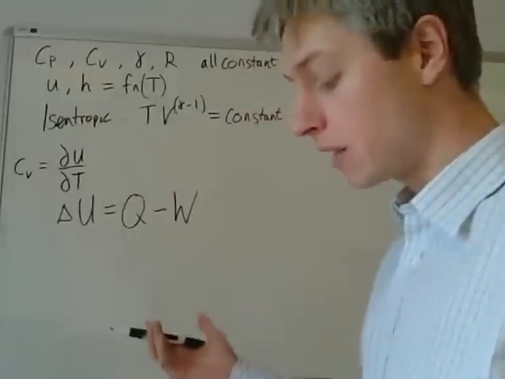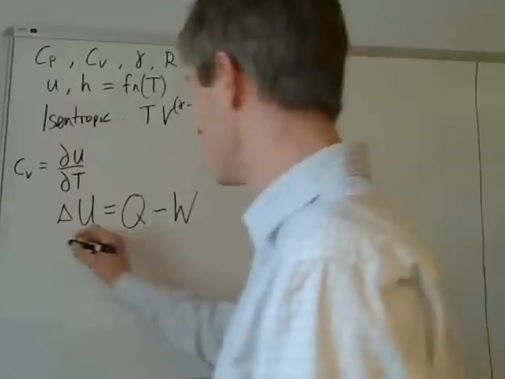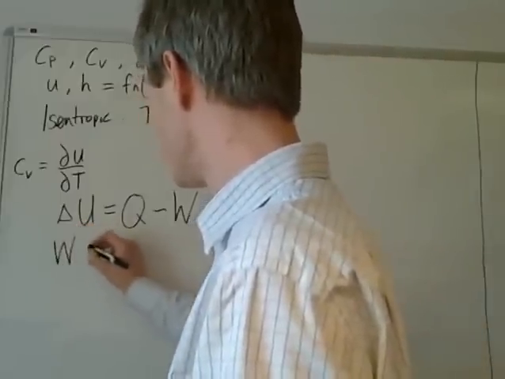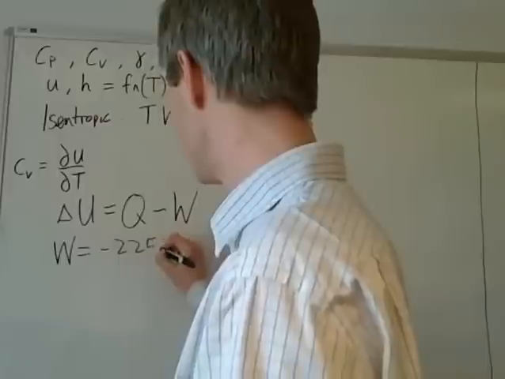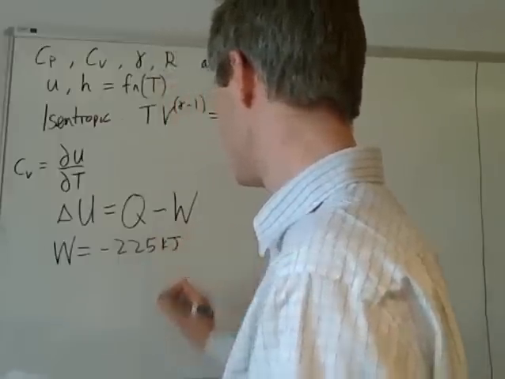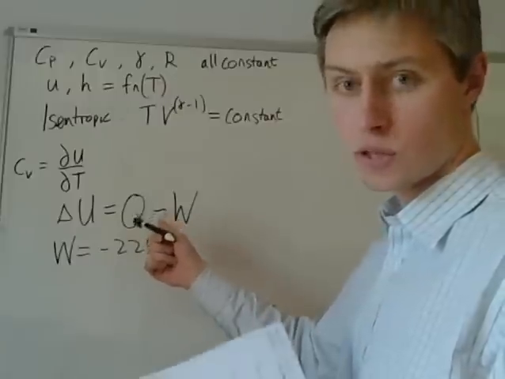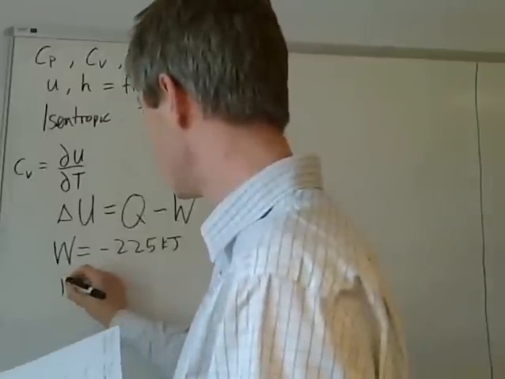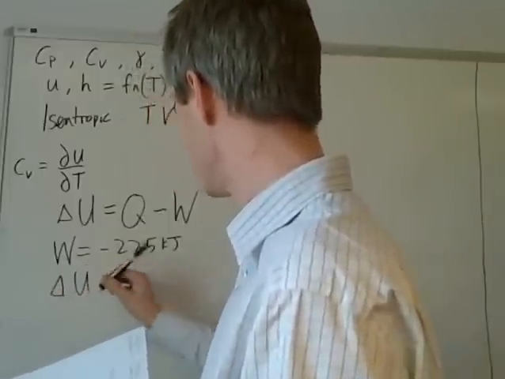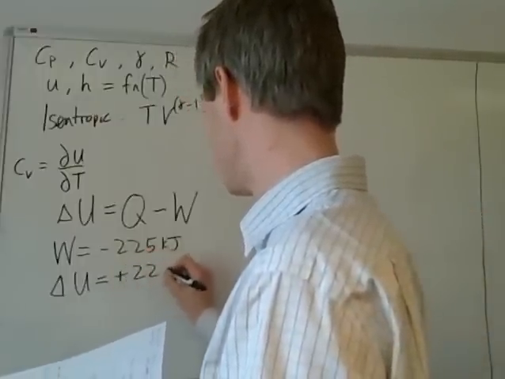Therefore, the work done by the gas is the negative value of that, minus 225 kilojoules. And since the process is adiabatic, what's the value of Q? It will be 0. So delta U is going to be minus W or plus 225.